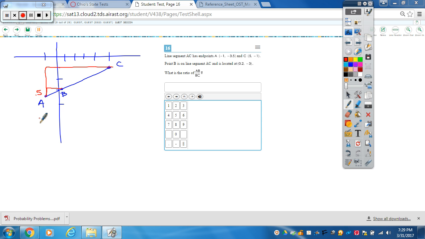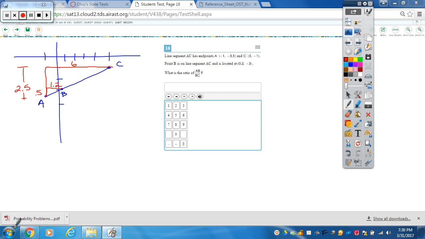And this length is, we're at 0.2 and negative 1, so 1.2. The bigger length is 2.5. And this length right here is 5 plus 1, so length 6.